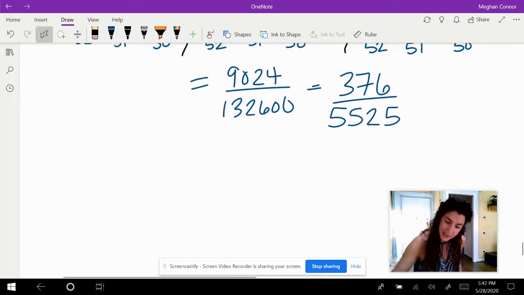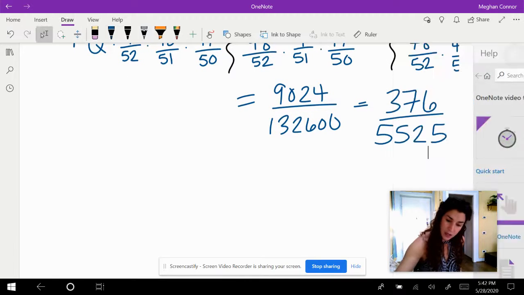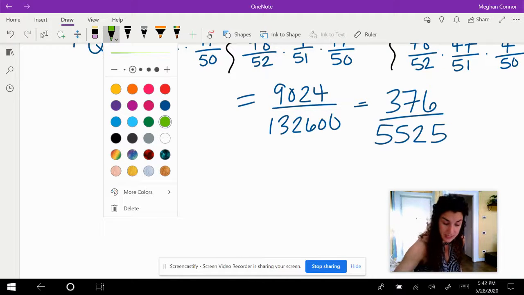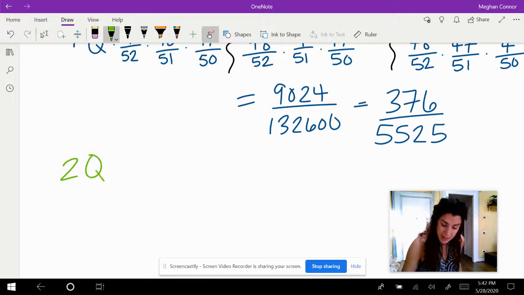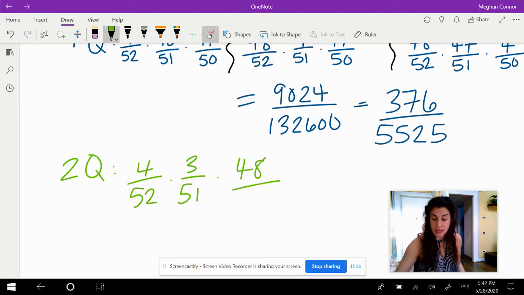Last one. Taking what I learned from my previous experiment, 2 queens, it doesn't matter in which order you pulled the queens, the probability will still be the same. So I just said, okay, well, there's 4 out of 52. And then there will be 1 less queen and 1 less card in the deck, but then there will still be the 48 non-queens in there, but still out of a total of 50 cards.